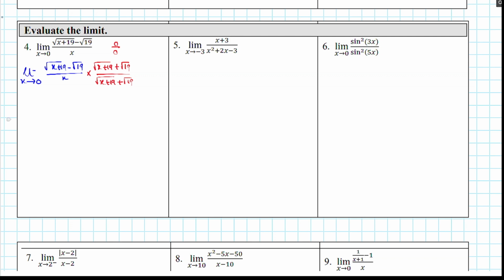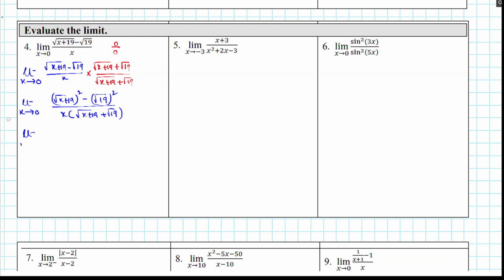Now in the numerator we have a minus b times a plus b, so that is the formula a square minus b square, where a equals square root of x plus 19. So that is the limit as x tends to 0 of square root of x plus 19 whole square minus square root 19 whole square, over x times square root x plus 19 plus square root 19.